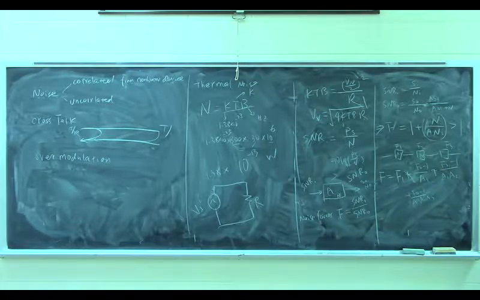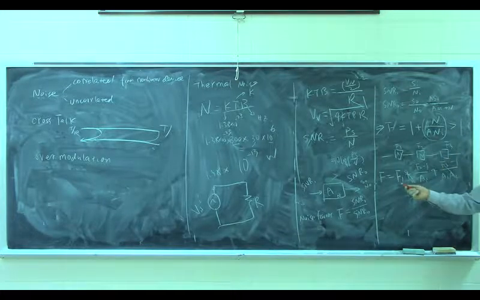Usually we see the gain is greater than 1, right? So you can see these terms get smaller and smaller. So the major contribution to the whole system is the first stage.